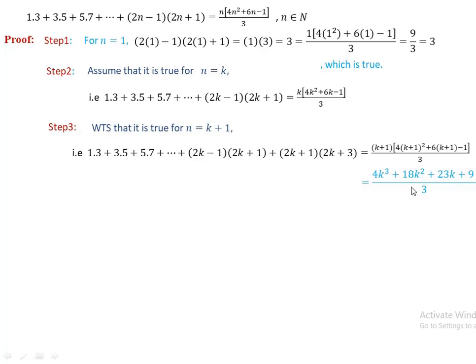Now this is our claim. If we show the left hand side equals this, then it is proved.